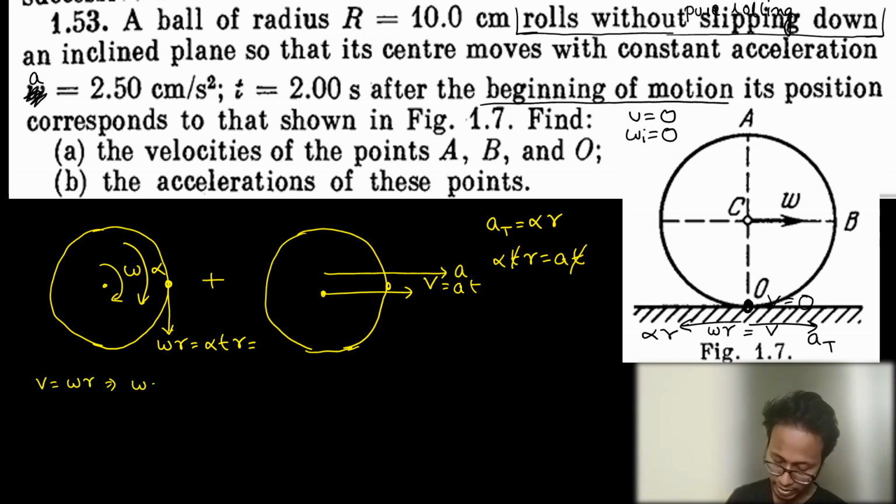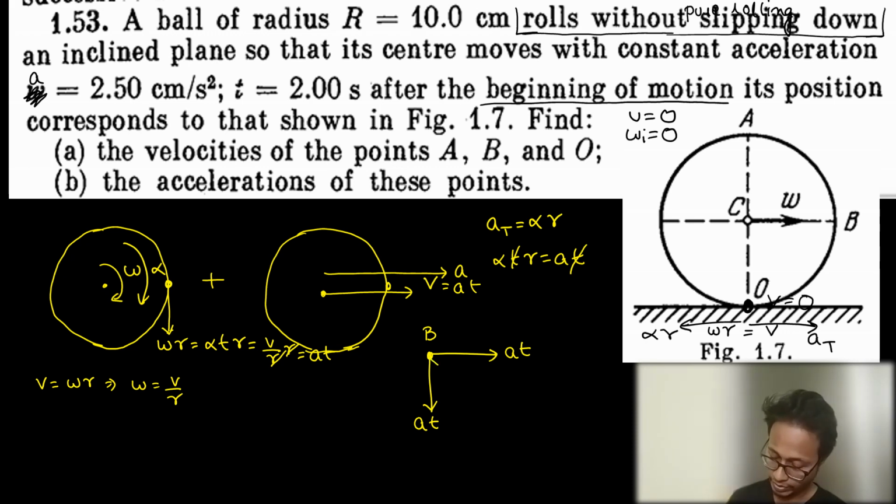So v by r into r is equal to v, which is equal to a into t. So at point B, due to the translational component, the velocity is a into t. Due to the rotational component, which is omega into r or alpha t r, it is the same value of a into t.